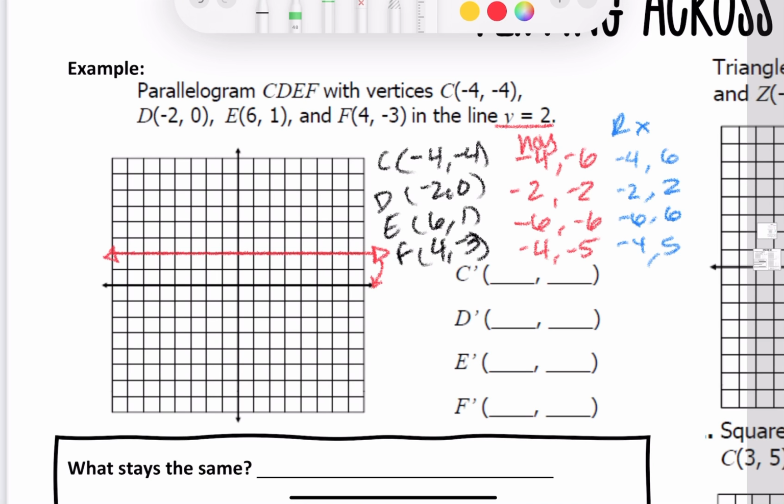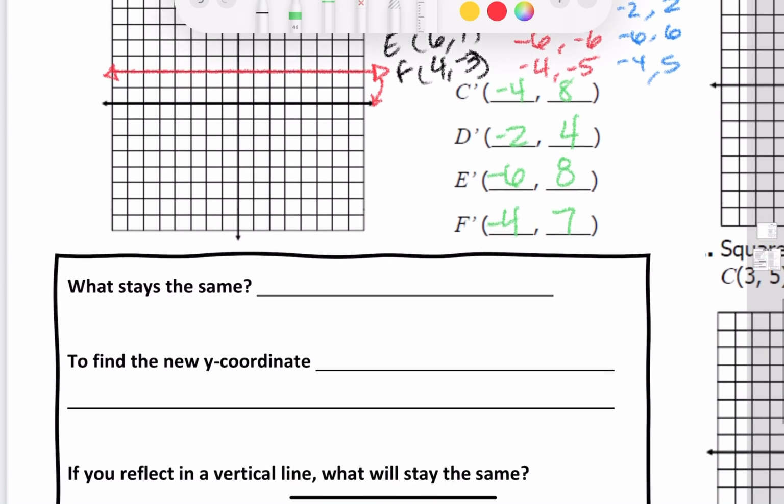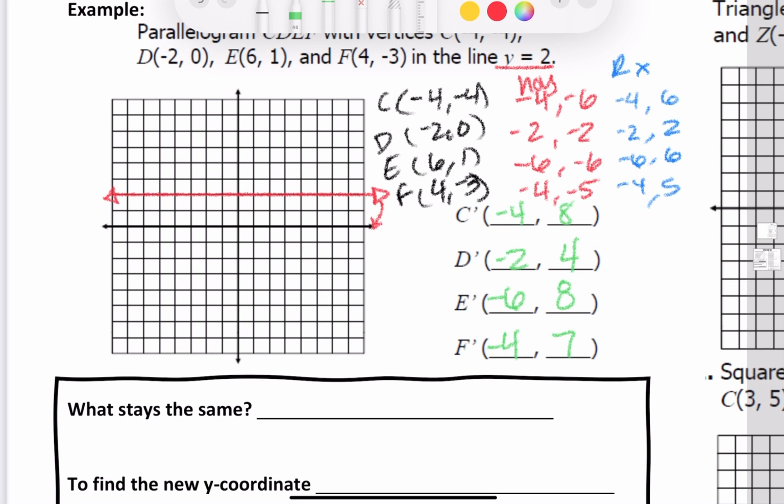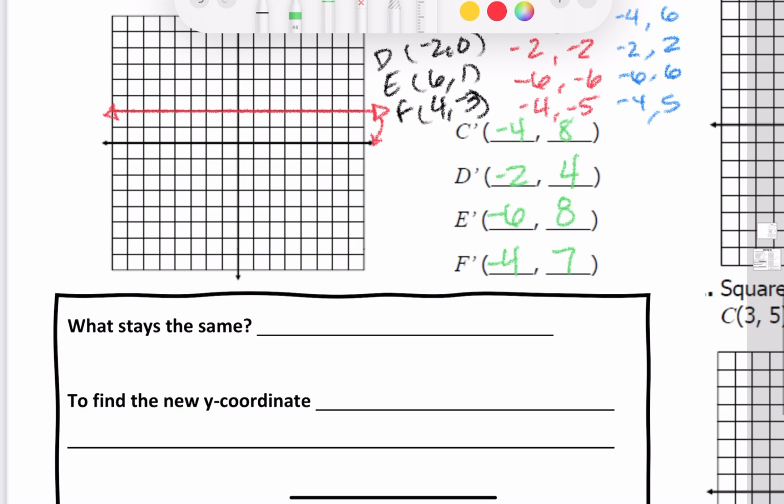And we get -4, 8, -2, 4, 6, 8, 4, 7. So all you're doing is taking it back to the origin, doing the reflection, and then adding it back in.